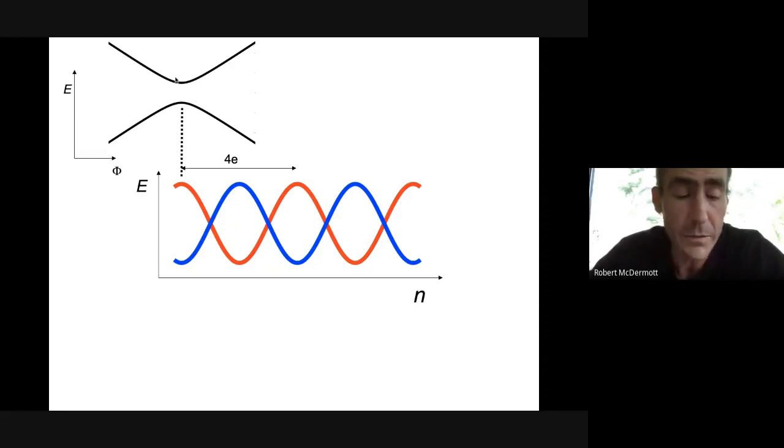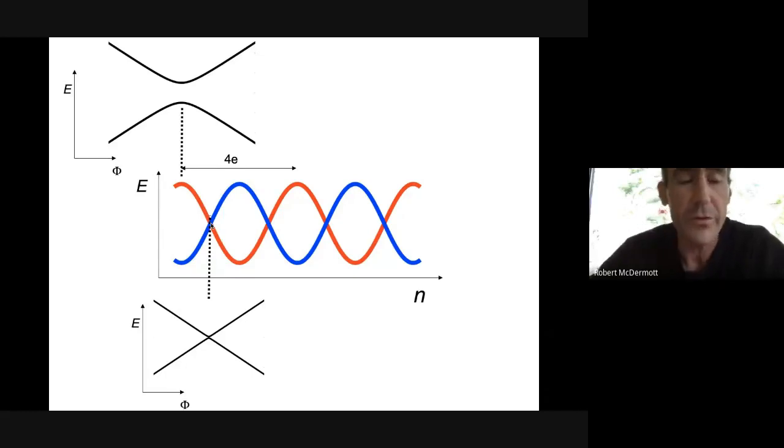But in general, we don't have exquisite control over the offset charge on the island, and there might be some noise in that charge that takes us to another point where the tunnel splitting is smaller. And in fact, at offset charge of 1e, we get a gap that closes completely.